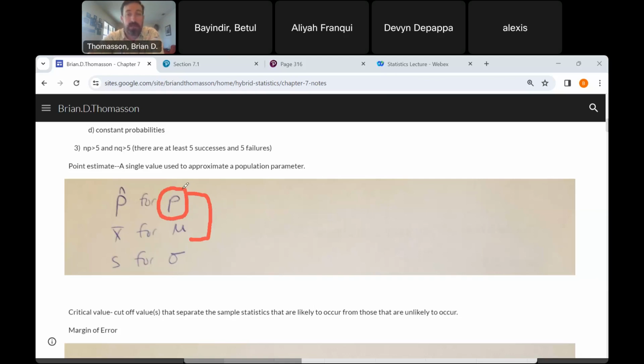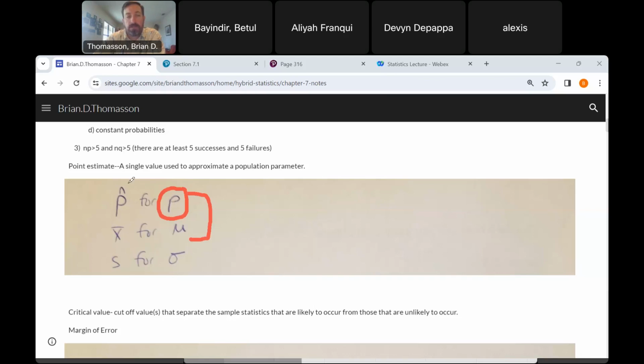Let's say we're trying to find the proportion of people that smoke marijuana in the United States. The only way we could find the exact value would be to sample every single person in the United States and find that percentage. That would take a lot of time, money, and effort, so generally we don't do that. Generally P is unknown.